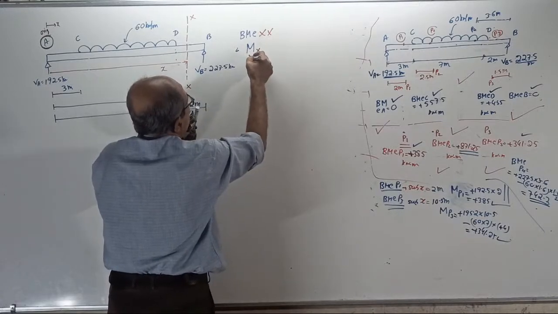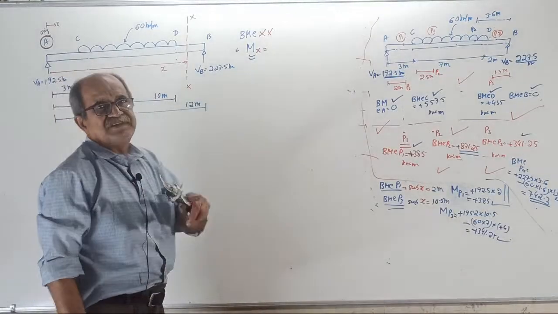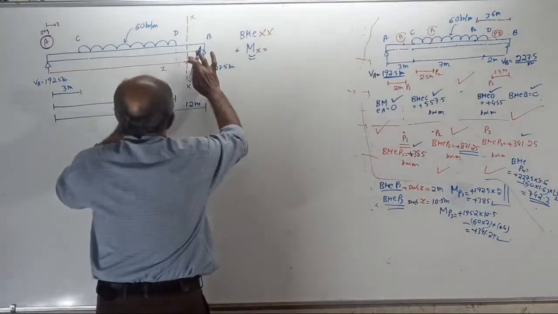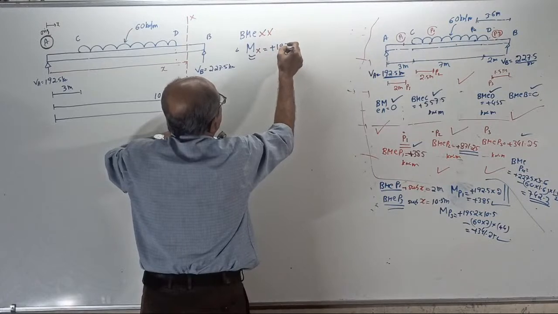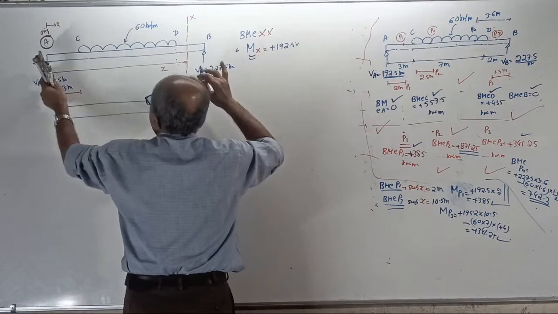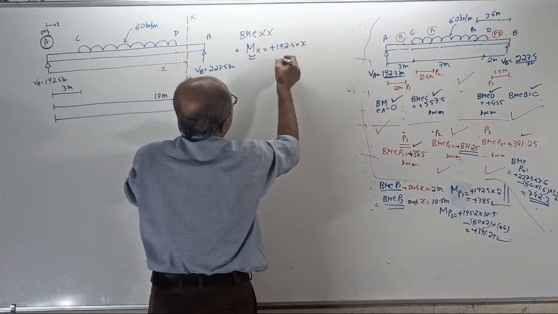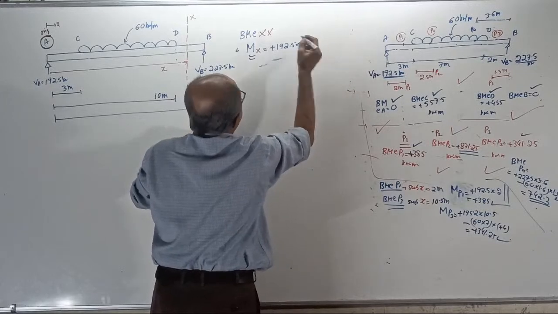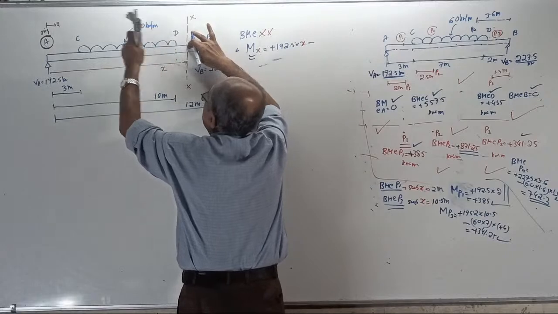Okay, now, once you are writing the equation for bending moment at XX, MX, see, yesterday we wrote, if you remember, plus 192.5 into X, minus the bending moment here, 60 into this length.